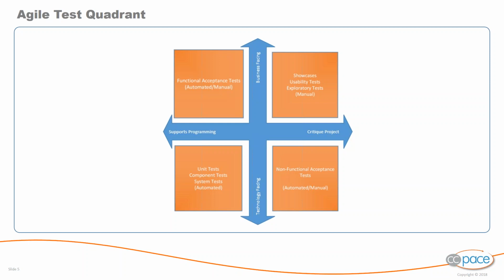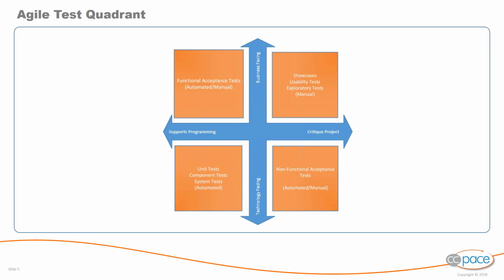Now, it is important to understand that the idea here is not to work through the quadrants in that particular order. Right? That defeats the whole purpose of Agile. Instead, you should use this quadrant to think of all the tests that you would really need on an Agile project to successfully build and deliver a quality product.